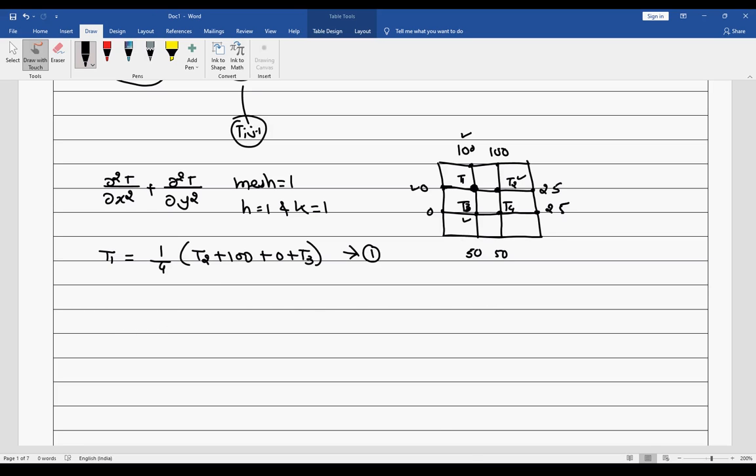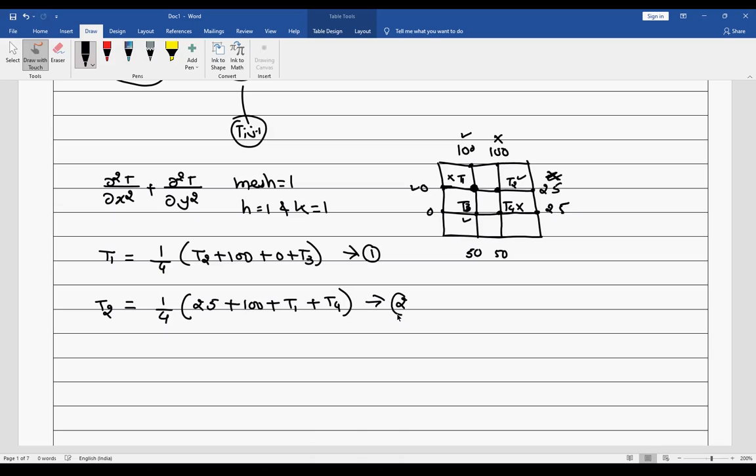Similarly, we can write the equation for T2 as 1 by 4 of 25, plus 100, plus T1, plus T4.